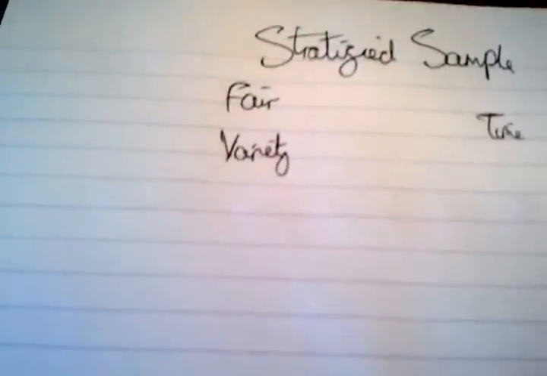So in stratified sampling, well, the problem with random sampling is, let's say I've got a school with 300 students, 100 year 7s, 100 year 8s, and 100 year 9s, and I want to take 10 samples.